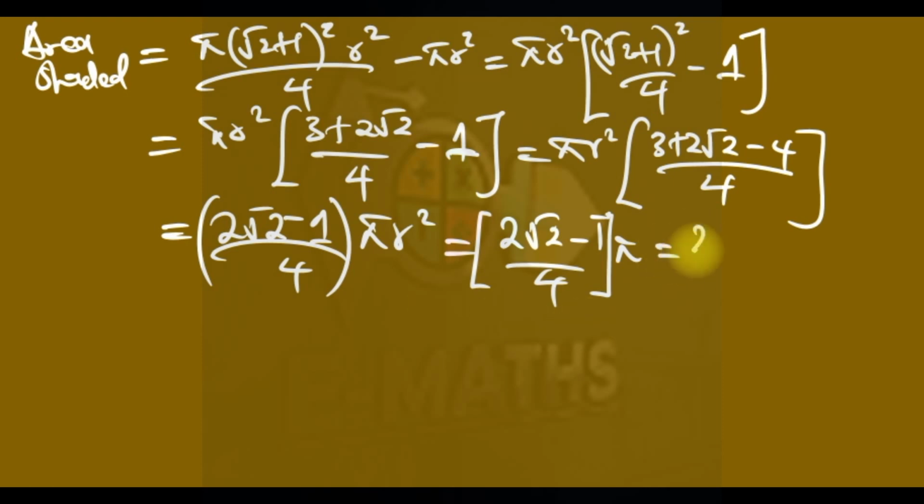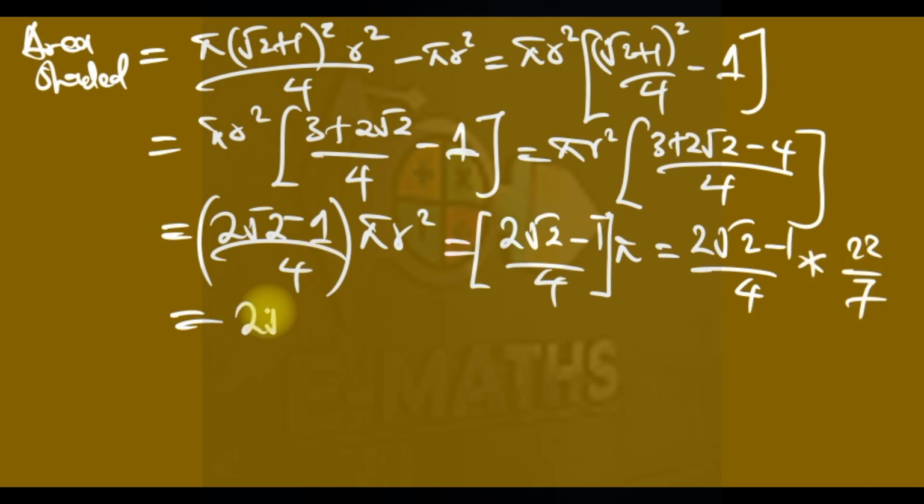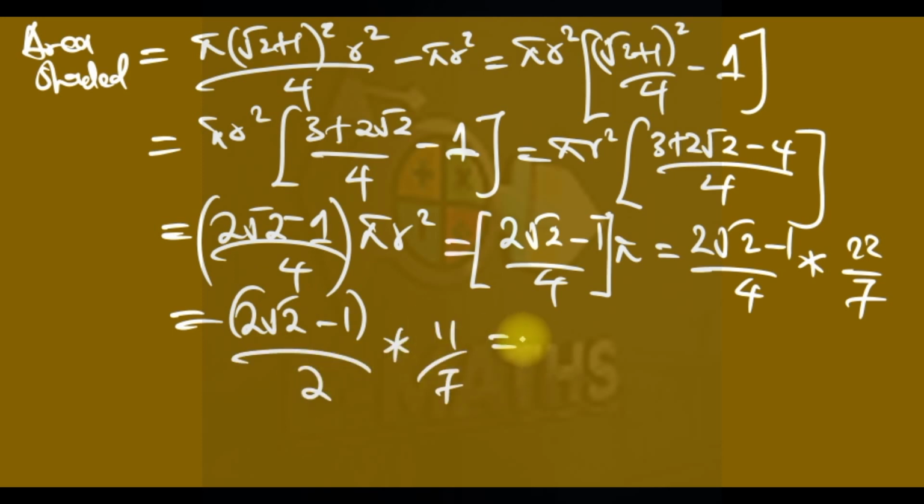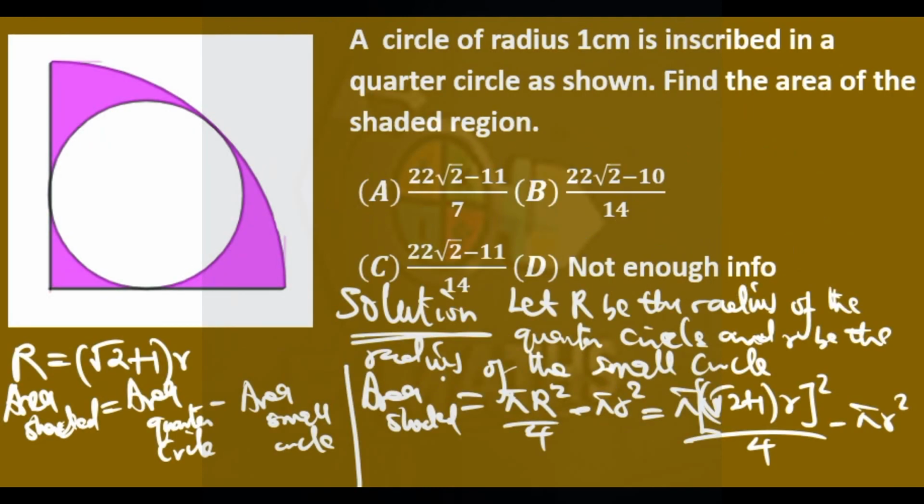So I have 2 root 2 minus 1 over 4 times 22 over 7. So, 2 root 2 minus 1 over 2 times 11 over 7, which is 22 root 2 minus 11 over 14. So the answer is option C.